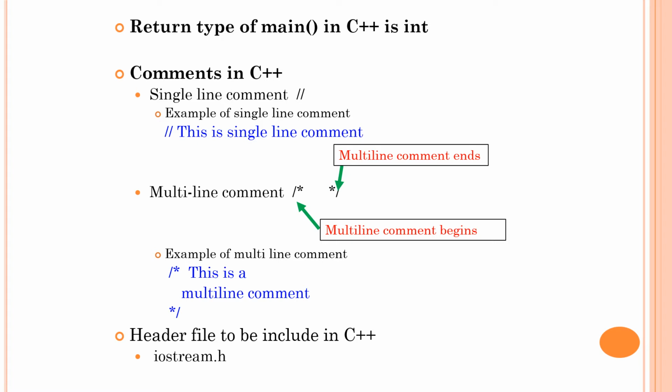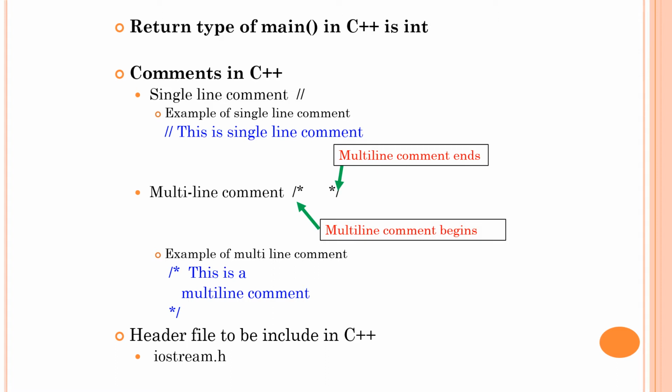Return type of main in C++ is integer. In C++, the return type of main is integer, and therefore every main function in C++ should end with a return 0 statement, otherwise a warning or error might occur.